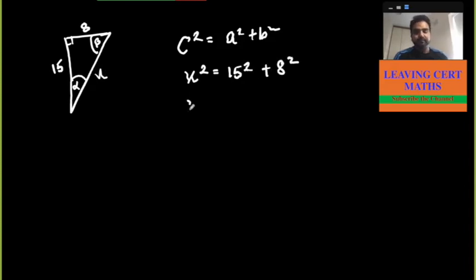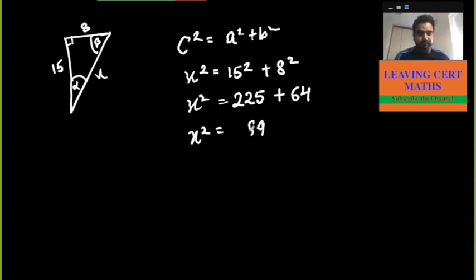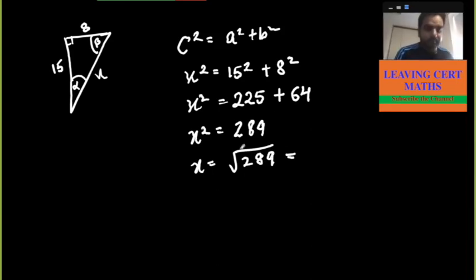X squared equals 225 plus 64, which is 289. So x equals 17.